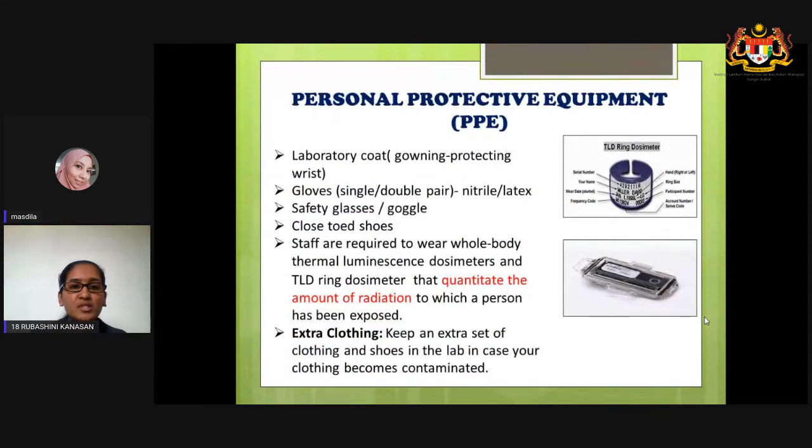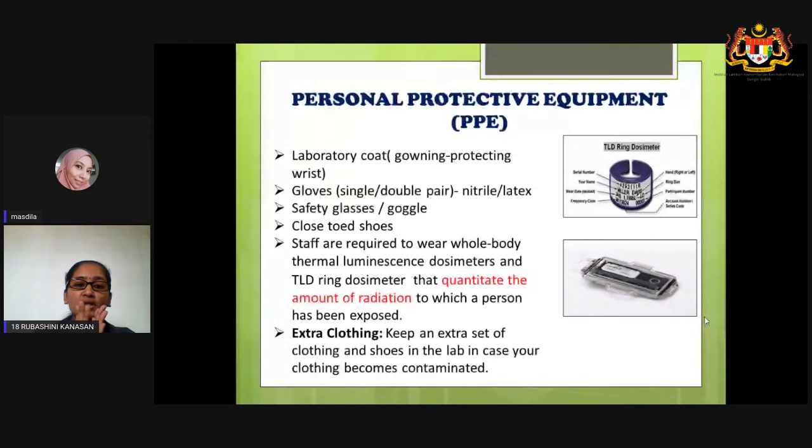Okay, as personal protective equipment to handle the radioactive agent, the first one is a laboratory coat as a gowning, protecting the wrist. The wrist part should be elastic, like rubber. It should cover our wrist so that when we wear the glove, the radioactive agent will not touch our skin. Gloves, single pair or double pair, should be nitrile or latex. Safety glasses or goggles, closed-toed shoes.